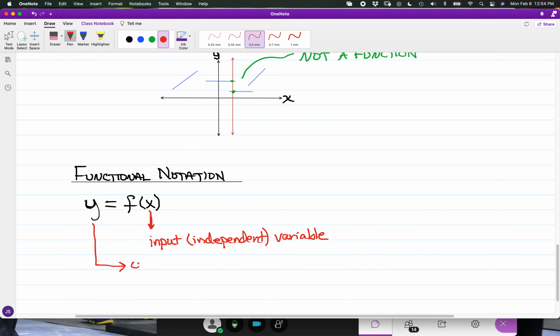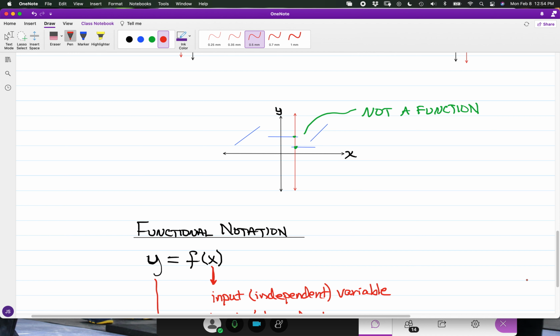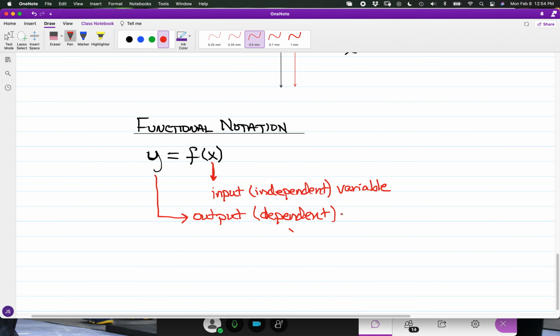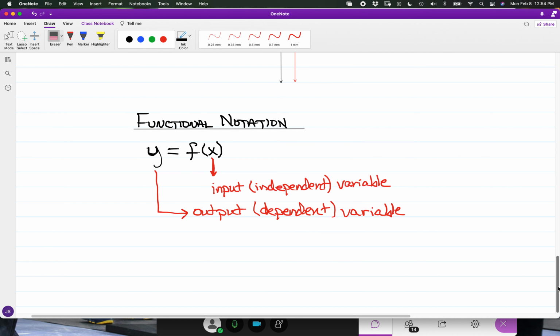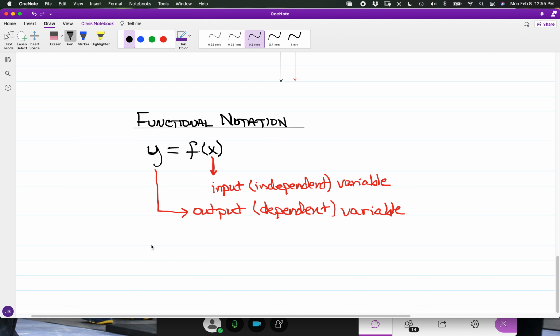Again, that is the output or the dependent variable. And just in the crossover, where y is dependent upon x, we have functional values and expressions.